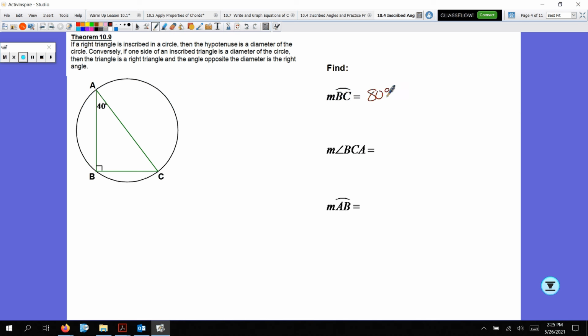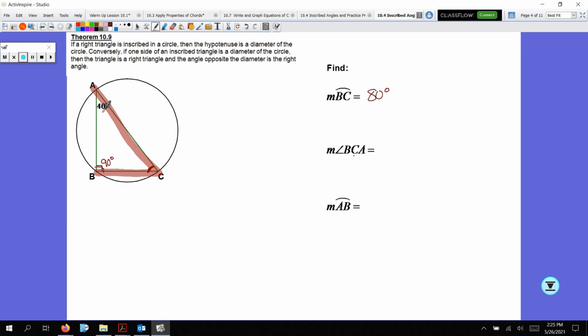This is 80 degrees. All right, now we need to find the measure of the angle BCA. BCA, I'm going to highlight again. I'm looking for this angle in here. Now, you know that this box is 90 degrees, so this is 90 here, and we have 40.